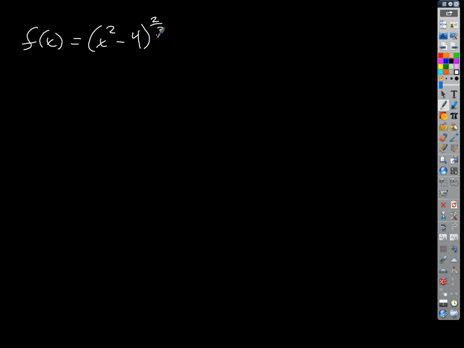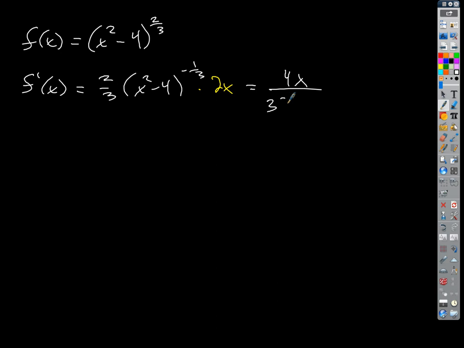What's our derivative this time? 2/3 times x squared minus 4 to the negative 1/3, times 2x. Good. So if we want to write that in fractional form, that's just going to give me 4x over 3 times the cube root of x squared minus 4.